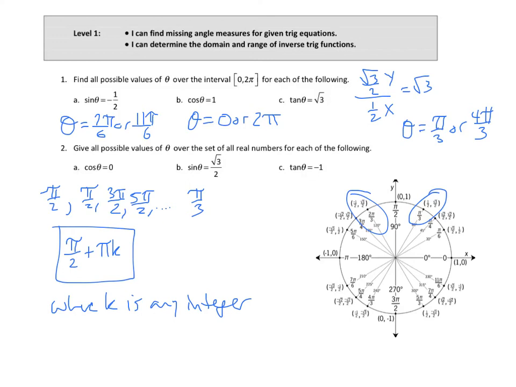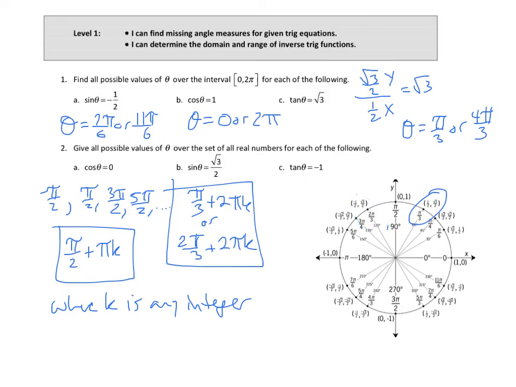I could add another 2 pi and get another coterminal angle. So I can add any multiple of 2 pi to pi over 3. So we say pi over 3 plus 2 pi k. Or we could have 2 pi over 3 plus any multiple of 2 pi, so plus 2 pi k. And that would be all possible angles that have a sine of radical 3 over 2.